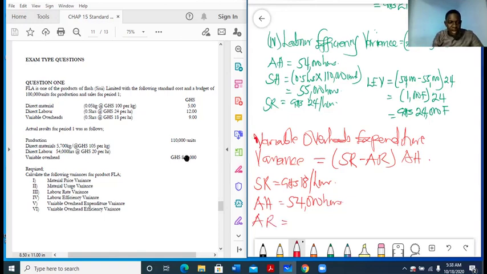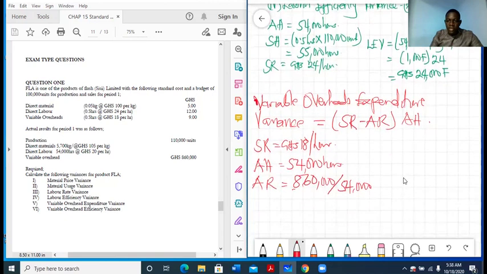The total variable overhead is 860,000, and the actual hours spent is 54,000 hours. So to get our actual rate, it is the 860,000, the variable overhead expenditure, divided by the actual hours.